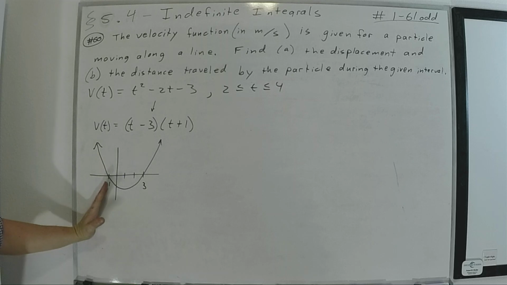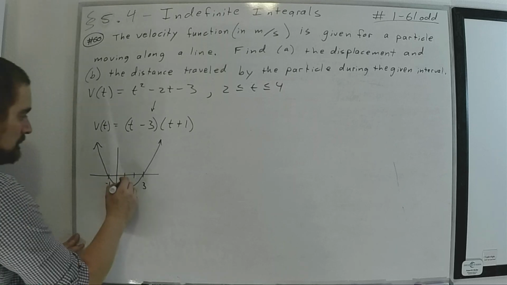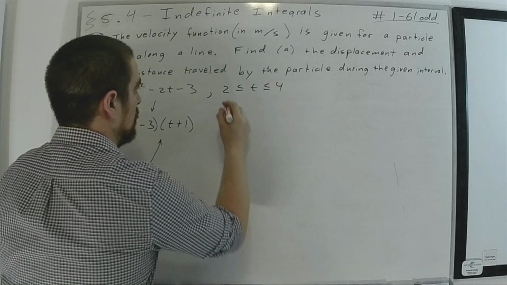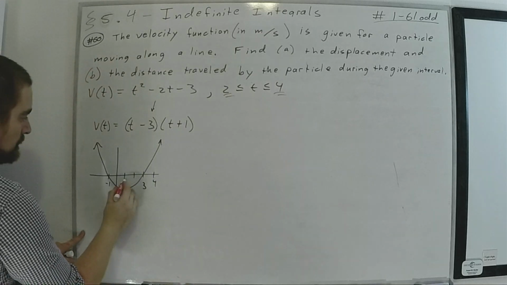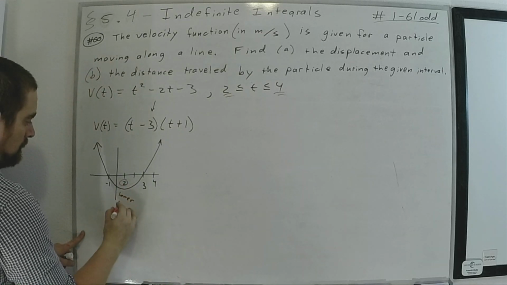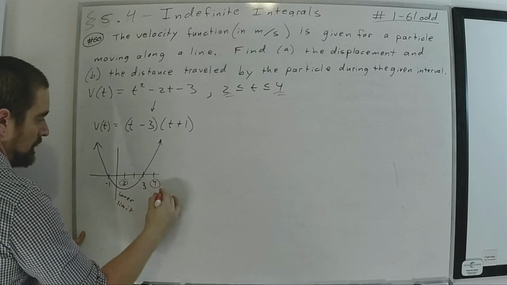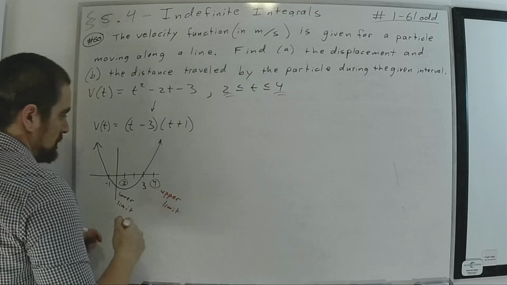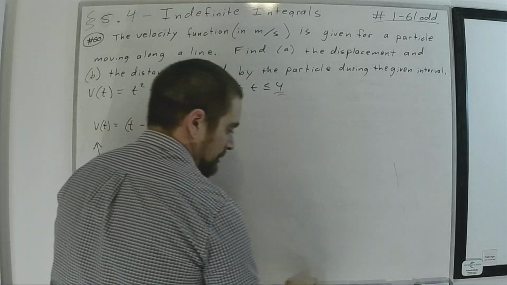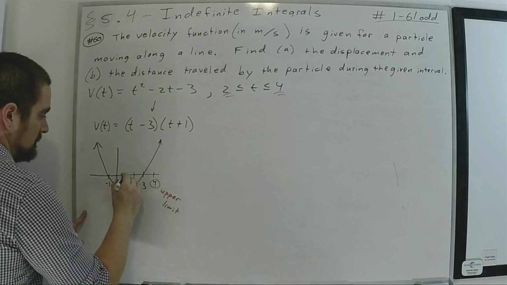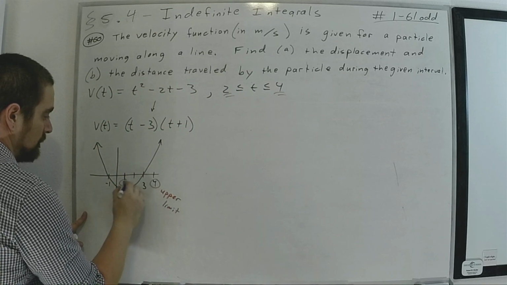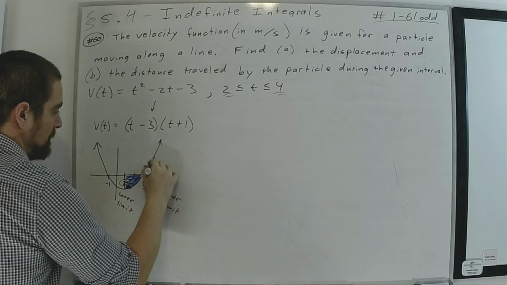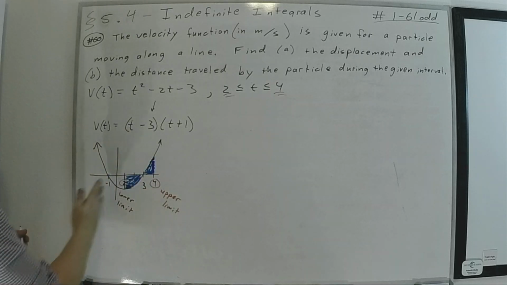By integrating this from 2 to 4, which are our lower and upper limits of integration, notice when we go through with all of that, some of this displacement from 2 to 3 was negative, and some of this was positive. We integrated this function across from 2 to 4.